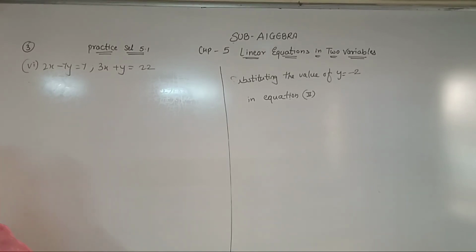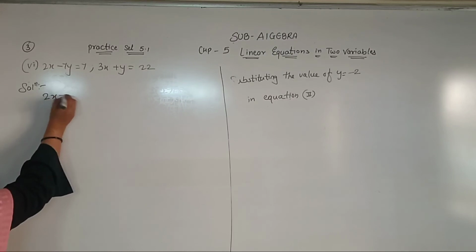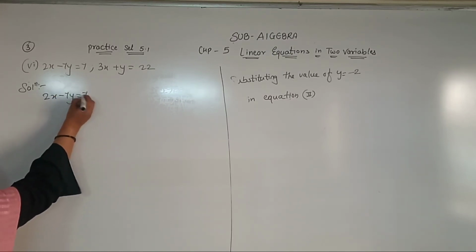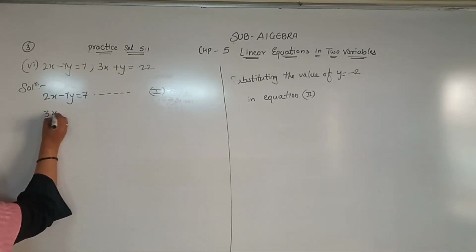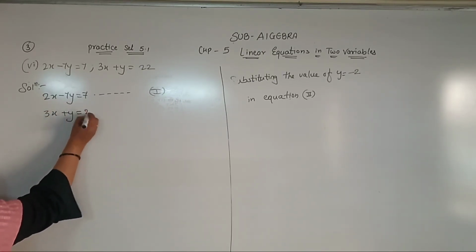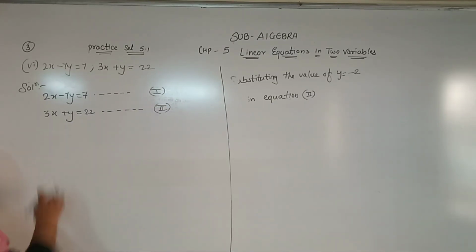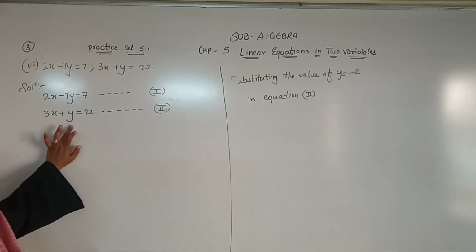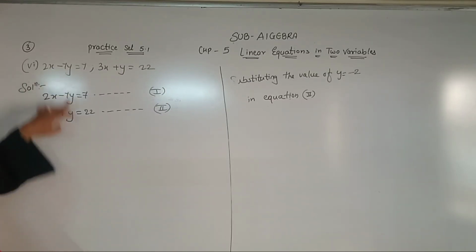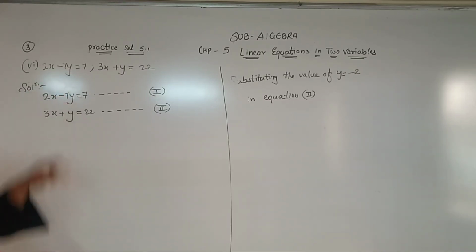Now student, first of all we will put the equation numbers. 2x minus 7y equals 7, that is equation number 1. 3x plus y is equal to 22 as my equation number 2. Now in equation number 2, only my y is empty, so I should multiply with the 7 to become 7y.